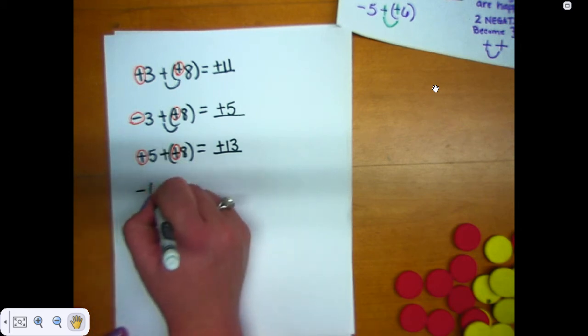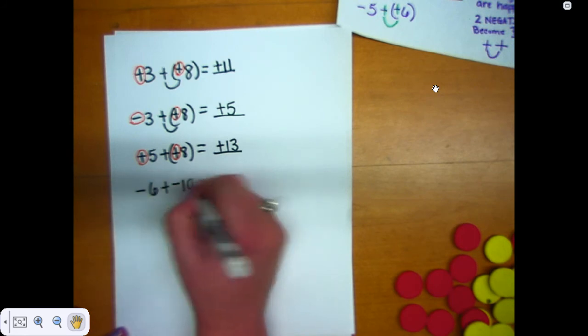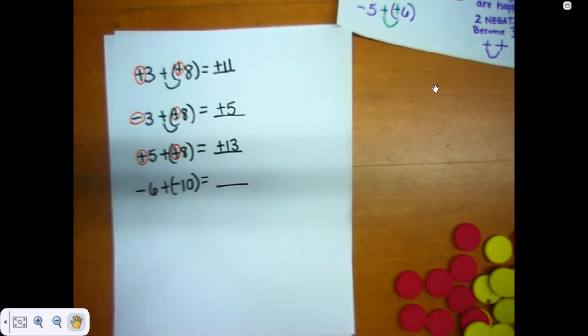Negative 6 plus negative 10. Okay. What do you think we need to do? Do I need to change anything? I don't need to change anything.